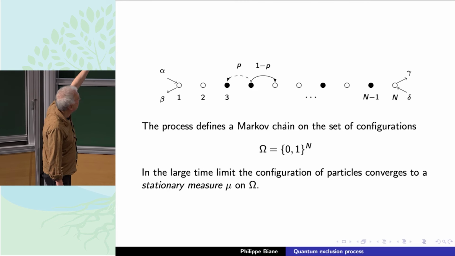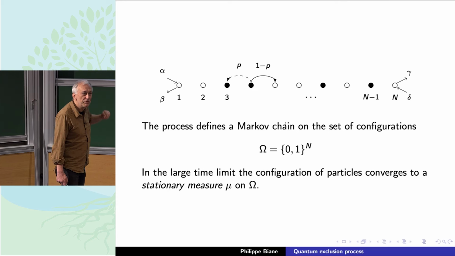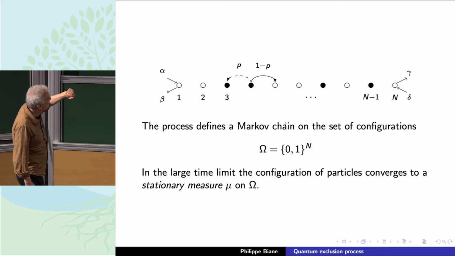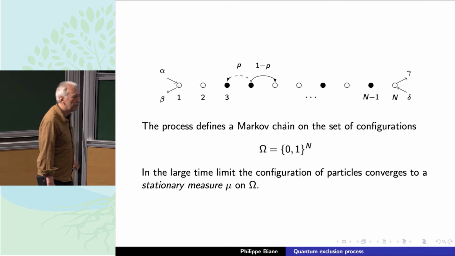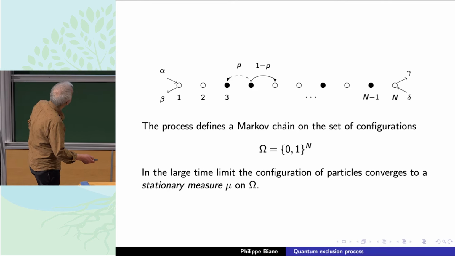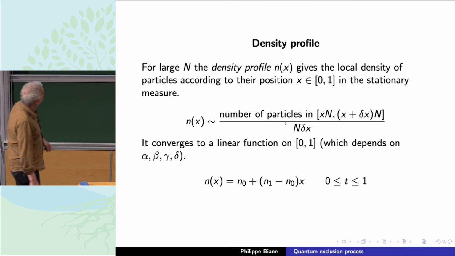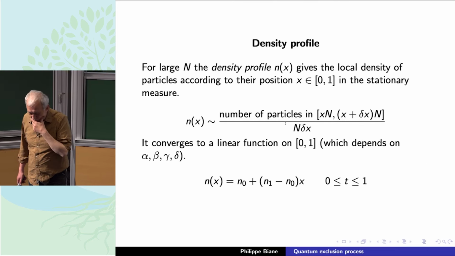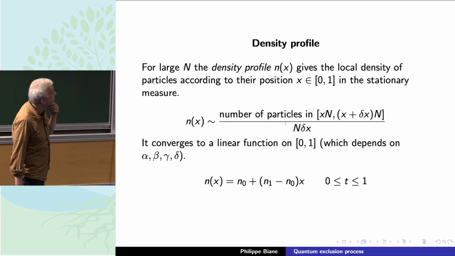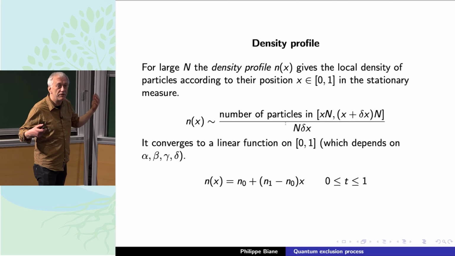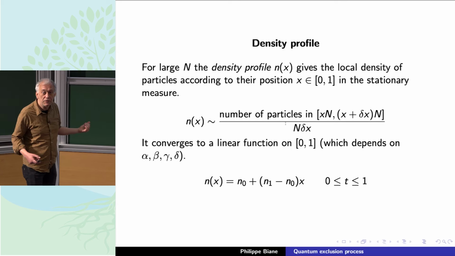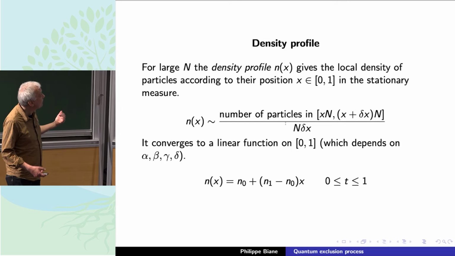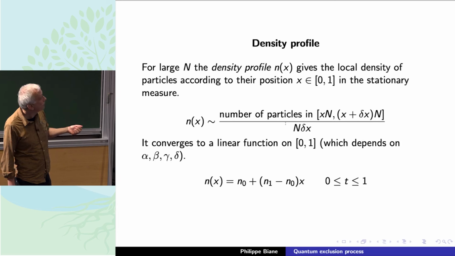Depending on the values of the rates at the boundaries, a certain current will be established, where particles have a tendency to move either to the left or to the right. Okay. One of the interesting objects is the density profile. We will look at the stationary measure and what happens when n goes to infinity. When n goes to infinity, it's possible to define a density profile.